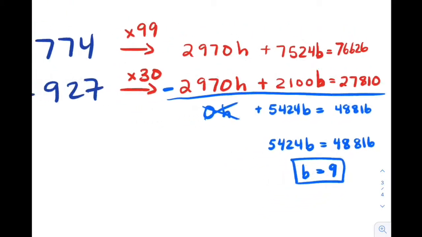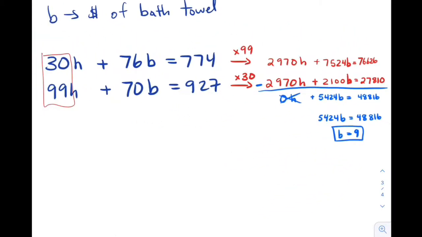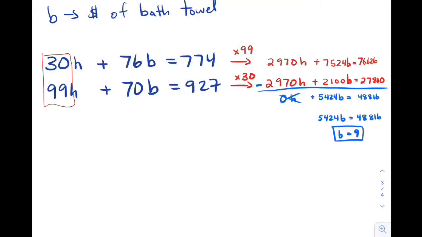Now I want to know what it costs for hand towels. So I'm going to take B as 9, and substitute back into one of these equations. I'll take the first one just because it's the first one, but 30H plus 76 times 9, because they bought 76 bath towels at $9, and the total was 774.